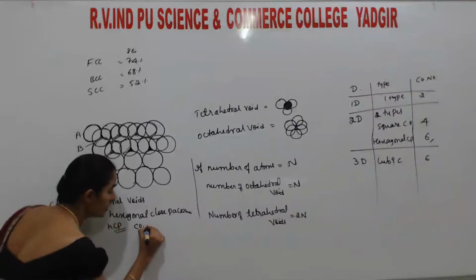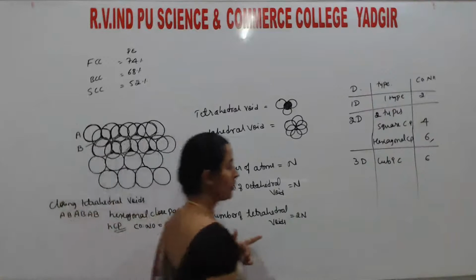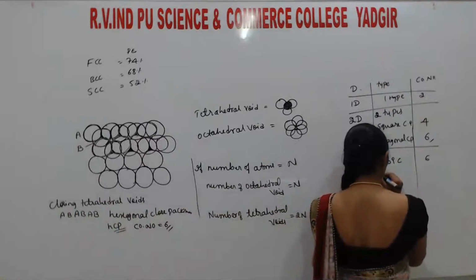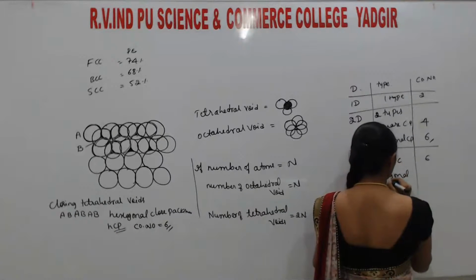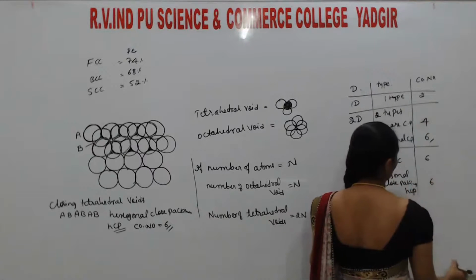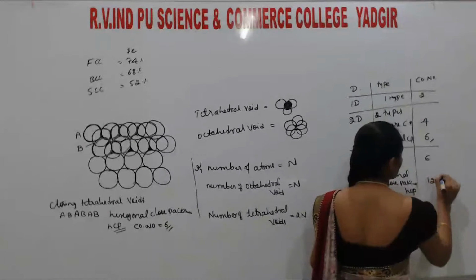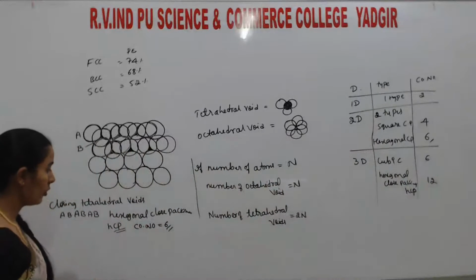So here in the hexagonal close packing, that is HCP, the coordination number is 12: 6 in the same layer, 3 in the above layer, 3 in the below.